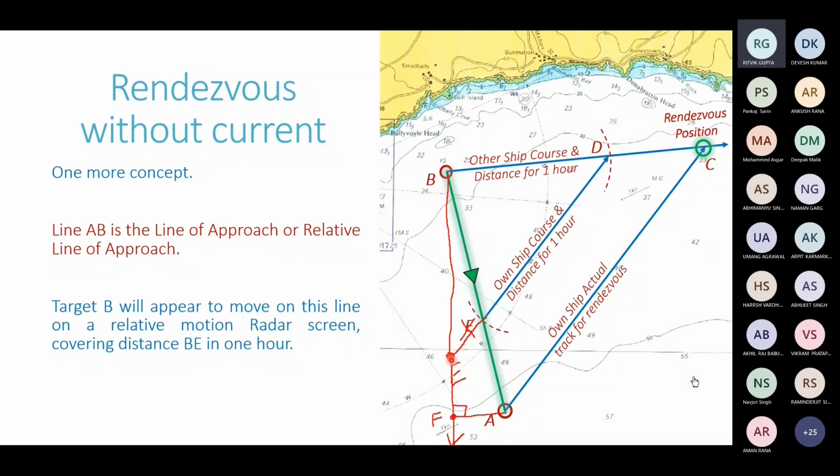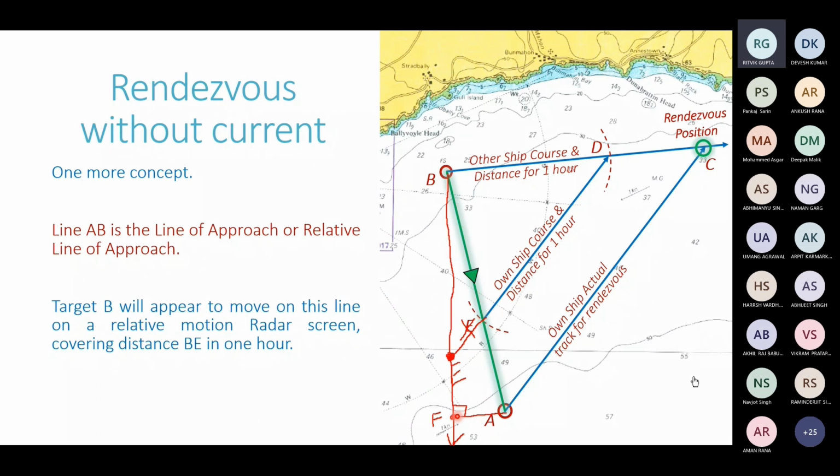So we can easily find TCPA now. You measure Bravo to Foxtrot, BF, and then divide it by your speed of approach, that is Bravo Echo, and it will give you the time to closest point, or TCPA. So we can find out the CPA and TCPA using this method.